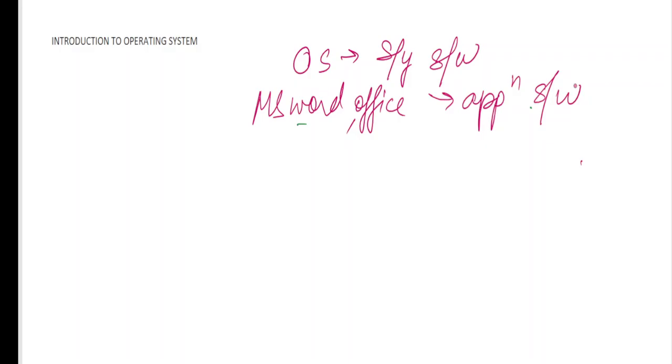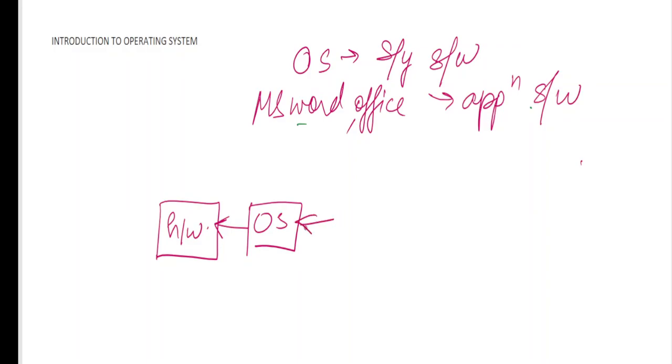What does this mean? Before jumping to the definition of operating system, let me tell you how this works. You know what hardware is. Hardware can be your memory, your printer, your keyboard or your mouse. Then over the hardware, the operating system is installed, and in the operating system, various application software are installed.